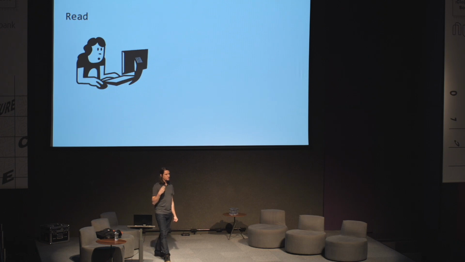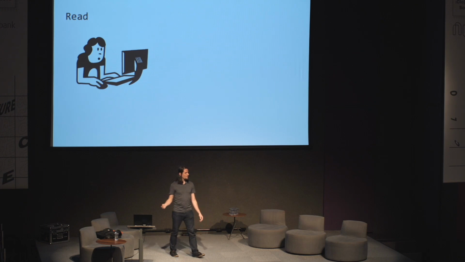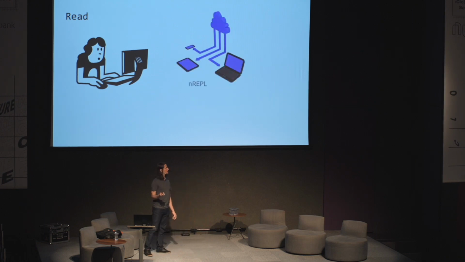The first part of the REPL is the read. You can read from the standard in, or you can type something and the REPL will read that input. The Clojure REPL offers a network REPL that can be an nREPL or can be a socket REPL. The thing with the nREPL is that it only works in Clojure.